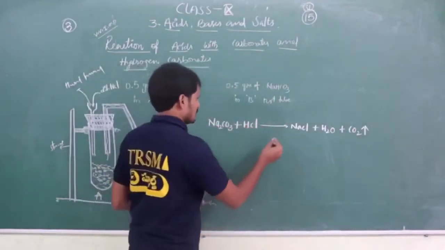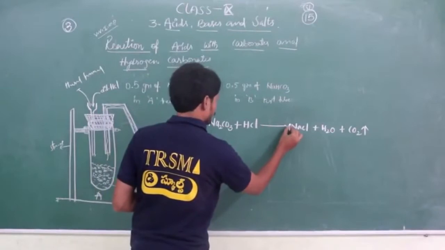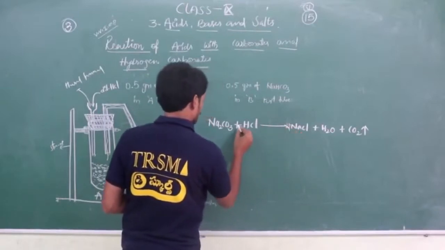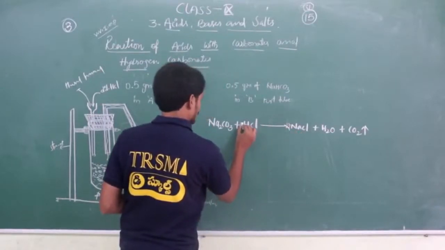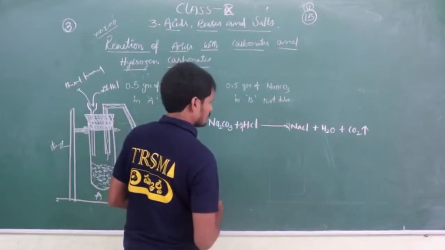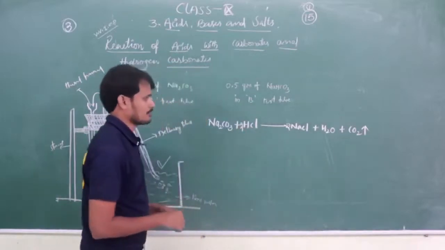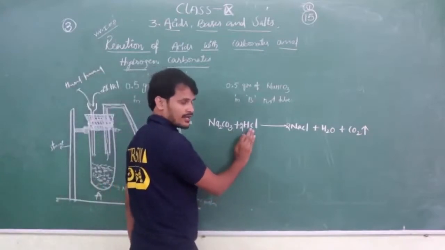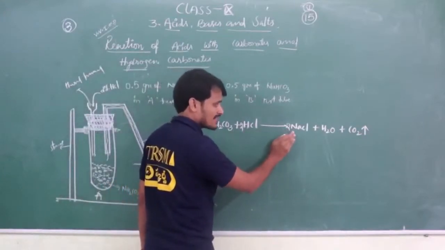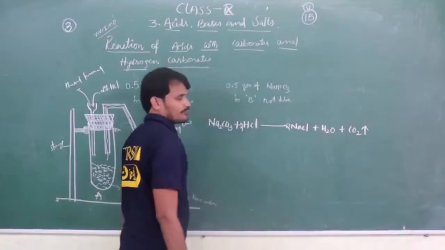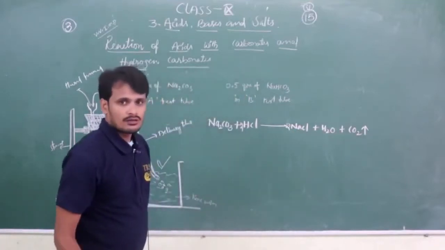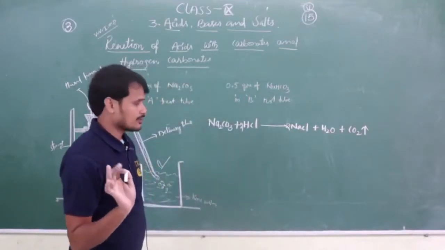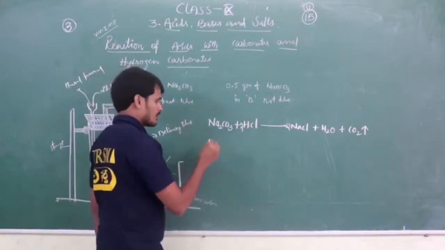Let's balance that. Yes, it's balanced now. So sodium carbonate reacts with hydrochloric acid, and from that salt, water and carbon dioxide are liberated. So let's write the general formula.